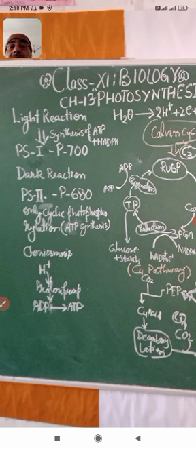Photosystem 1 or photosystem 2 has chlorophyll molecules, and chlorophyll molecules have the capacity to absorb sunlight. Light with a radiation spectrum of 700 nanometer gets absorbed by photosystem 1, PS1, and that is called P700.